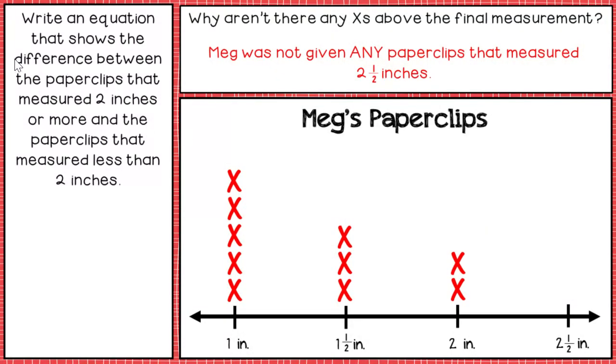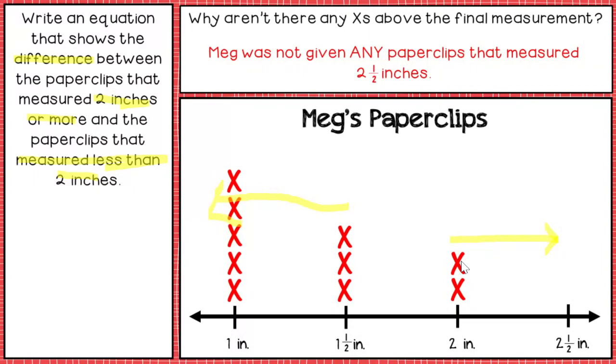Now, I always teach my 3rd graders the difference means to subtract. The difference between the paper clips that measured 2 inches or more and the paper clips that measured less than 2 inches. So 2 inches or more is going to be here. And then less than 2 inches would be these ones.